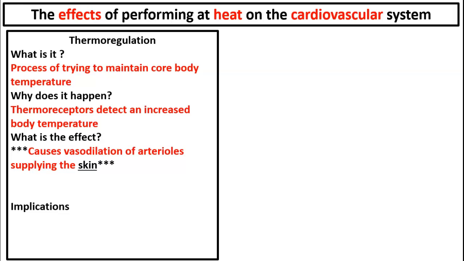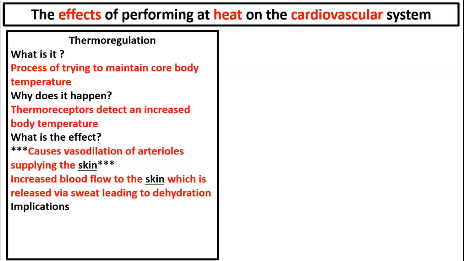Okay, now you will know from previous study that vasodilation means that the arterioles are going to open or widen, which allows a specific effect. Okay, so supplying the skin, those vessels open up, and this then causes an increased blood flow to the skin, which allows heat to be released via sweat, but it can lead to dehydration if you do not replace the excess water that is lost.